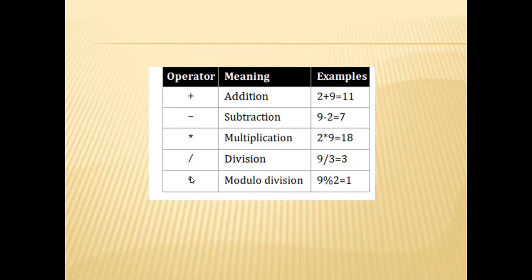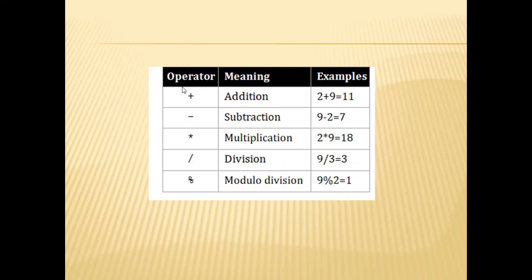This is the modulo symbol, the percent symbol, called modulo division. So 9 modulo 2: the remainder is 1. Whenever we perform 9 upon 2, the remainder we get is 1. That remainder value is called the modulo result. When we perform division, we get the quotient 3. That is the reason division gives quotient, and modulo gives remainder.